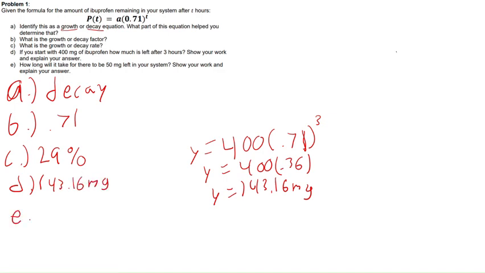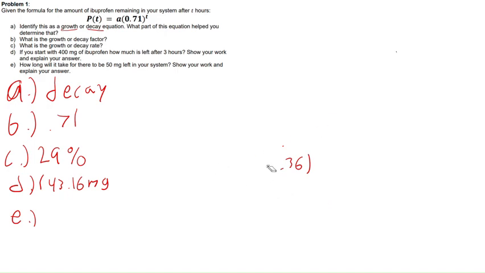Alright, let's erase this. How long would it take for there to be 50 milligrams left in the system? This one's a little bit different. We have to solve for t, which is up there.